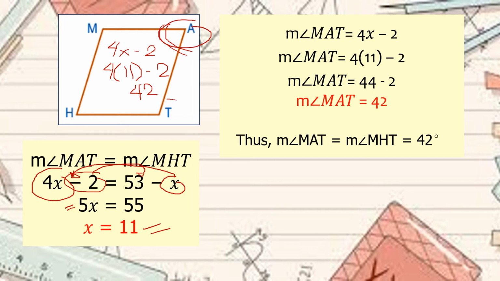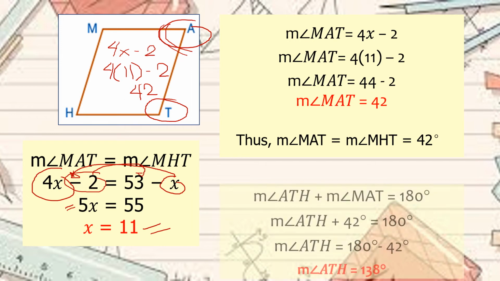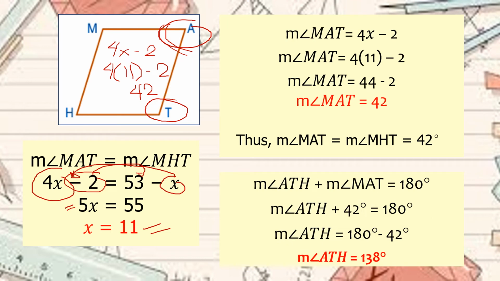Take note, we are solving for the value of angle ATH. So, gagamitin natin ang property na nagre-relate kay angle A at kay angle T. So, we have the supplementary because the consecutive angles are supplementary. So, meaning, gagamitin natin yung concept na to. Angle ATH plus angle MAT is equal to 180 degrees.